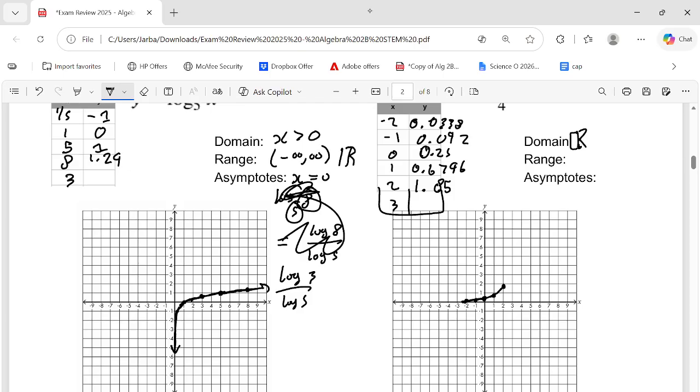At 3 it's a little over 5, so it's 5.021. Alright, I think that's enough. And then just have it going down close to that horizontal asymptote, but not touching it.